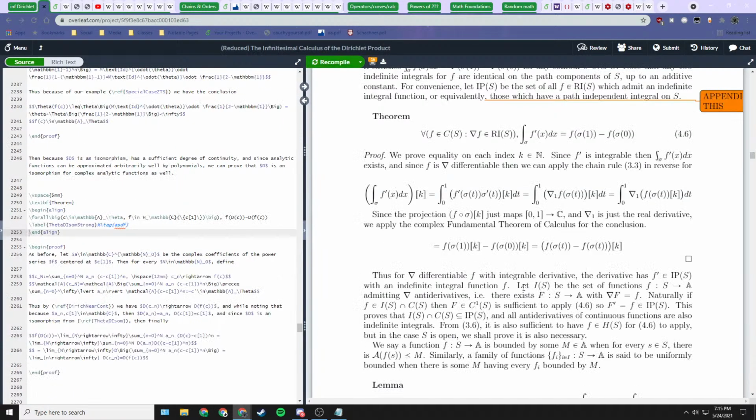Then we want to prove this identity. We want to show, so we can do this using the fundamental theorem of calculus. That's what I did the first time on each projection.